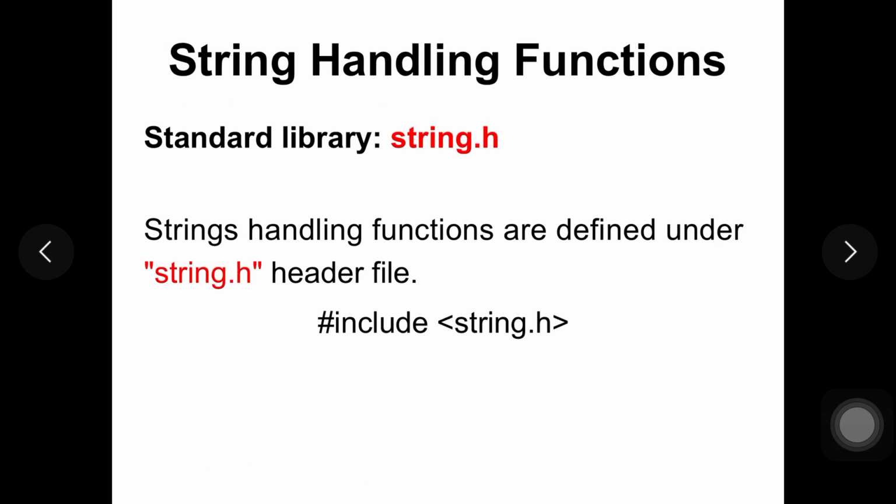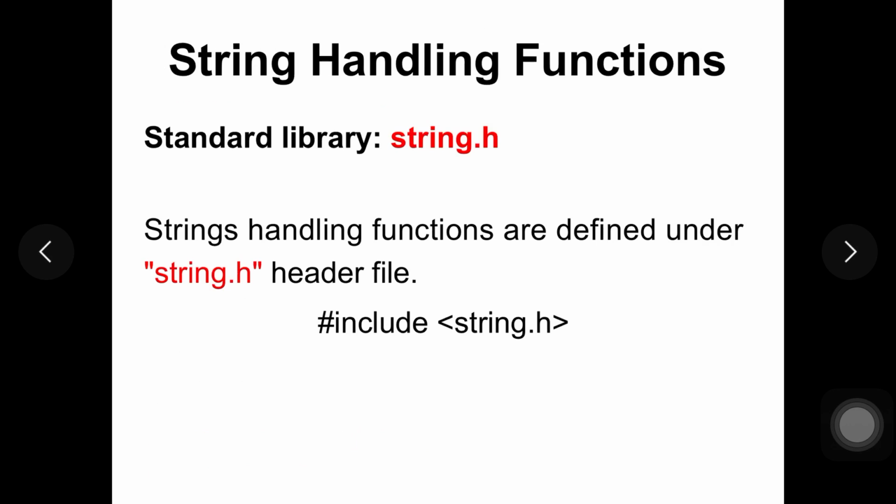Next we'll see some string handling functions, or we can also call them string manipulation functions. These are already stored in a standard library called string.h. So we are making use of existing functions for some functionality or task to be done in our program. These string handling functions are defined in the string.h header file.